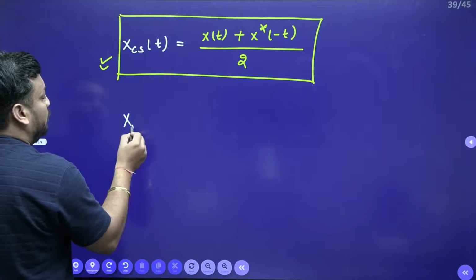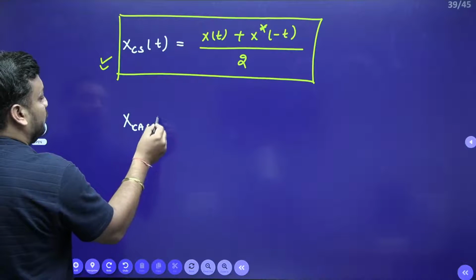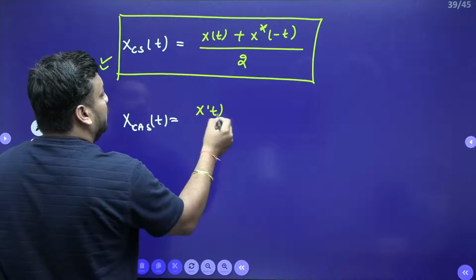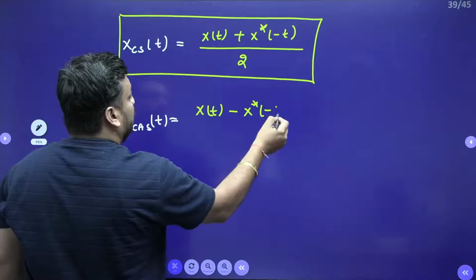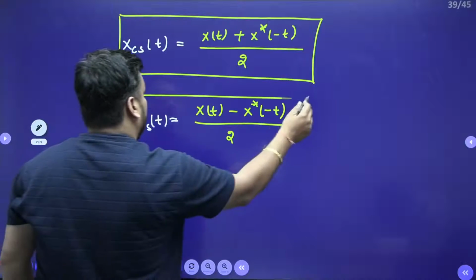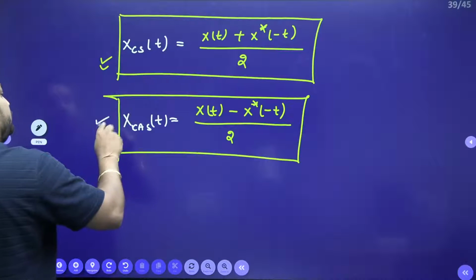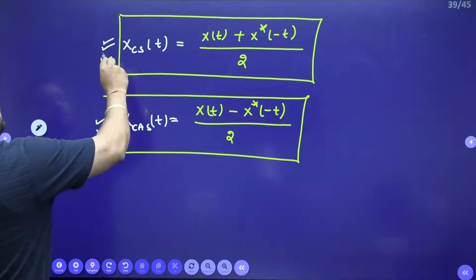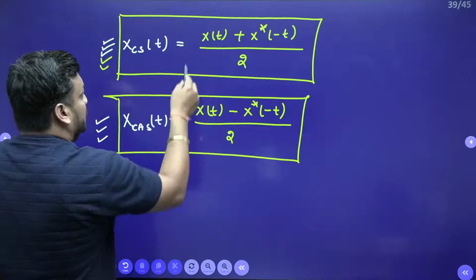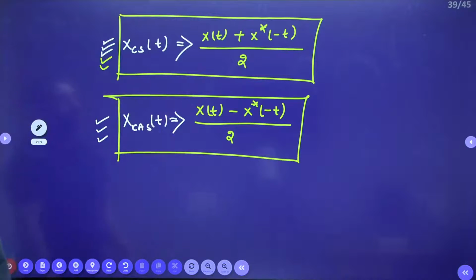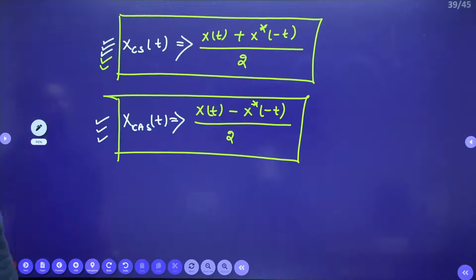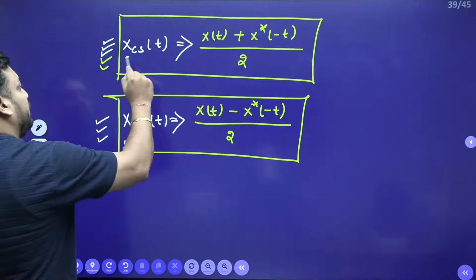For the conjugate antisymmetric part, the formula is x(t) minus x conjugate of minus t upon 2. This is my conjugate symmetric part and this is my conjugate antisymmetric part.